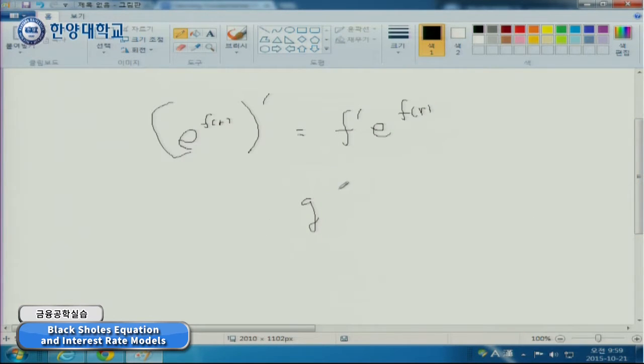This is the same as f(g(x)). The derivative is f prime times g prime. It's the chain rule, right? So if we take the derivative of z with respect to t, then you know this term is the A_t minus B_t term, right? And this is z.